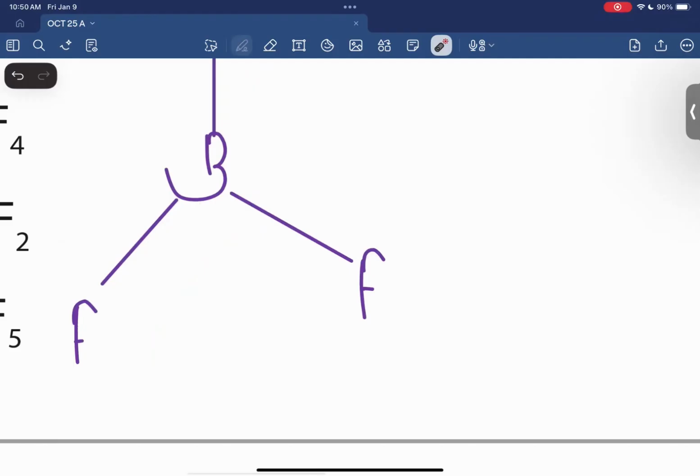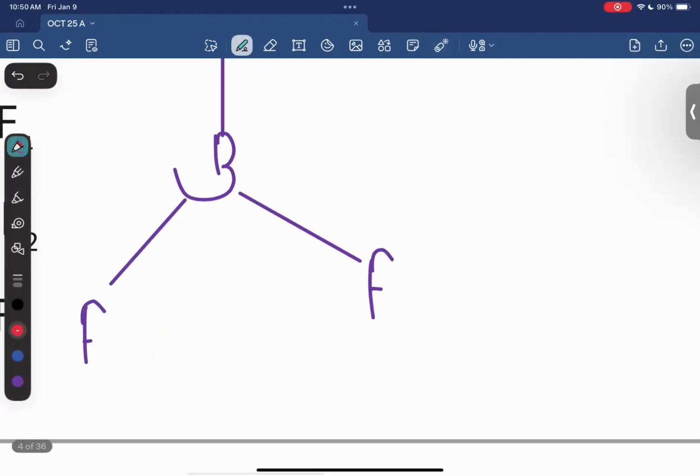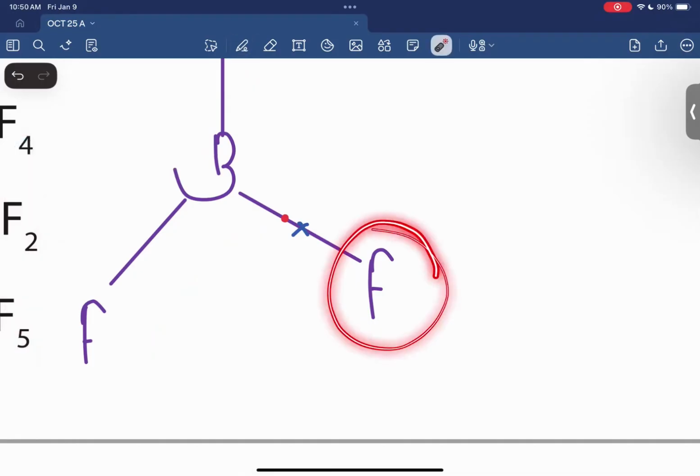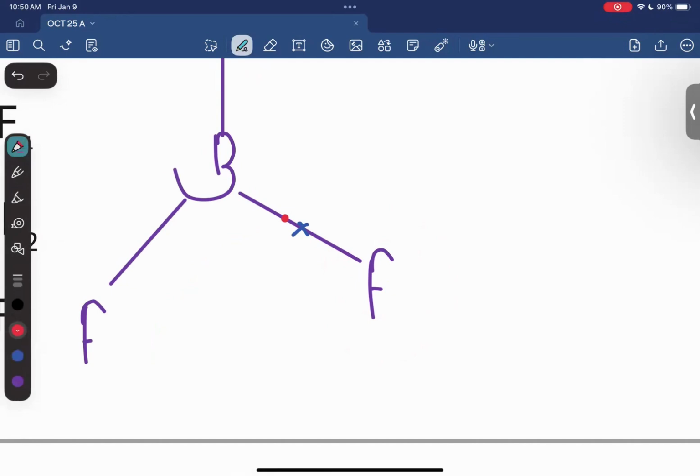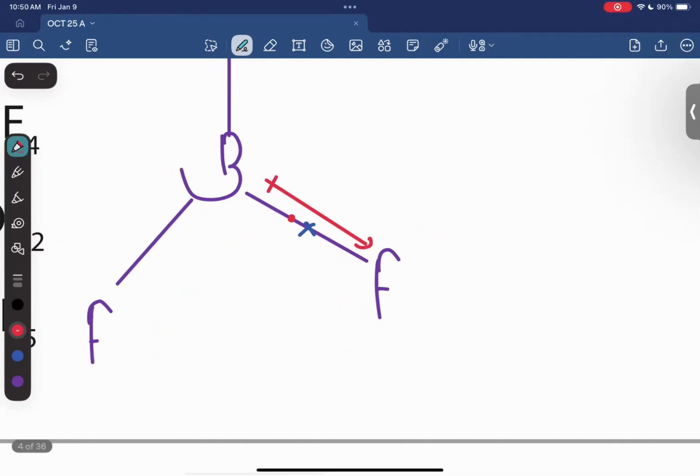Now in this covalent bond, the boron is giving one electron, and so is the fluorine, right? Based on electronegativity, fluorine has a higher electronegativity, hence it would be pulling these electrons towards itself, and it could be represented by this arrow, which is what we refer to as a dipole moment, right?